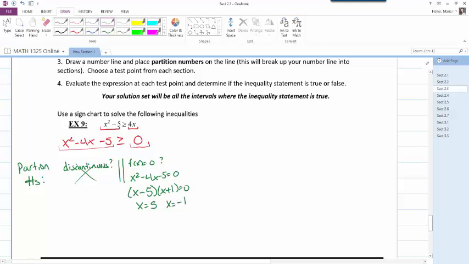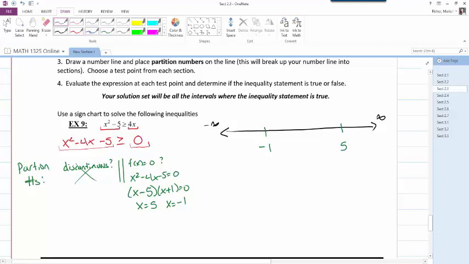So step 1, get expression on one side, 0 on the other side. Step 2, find your partition numbers. Step 3, you draw a number line, and you place your partition numbers on the number line, negative 1 and 5. It breaks your number line up into different sections, because over here we're going off towards negative infinity, and over here we're going off towards positive infinity.